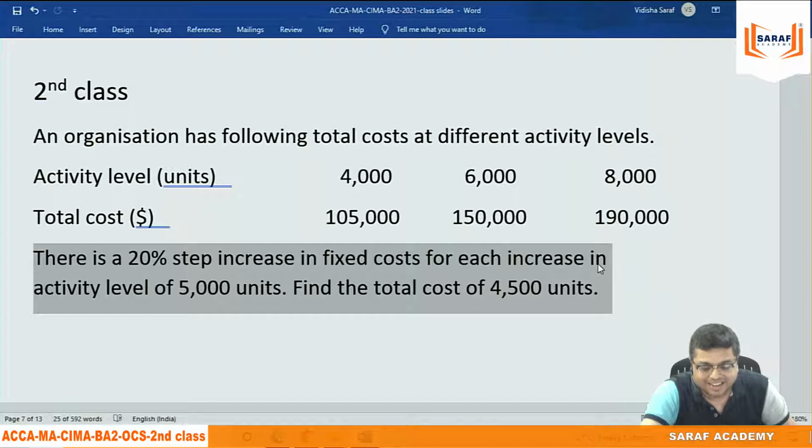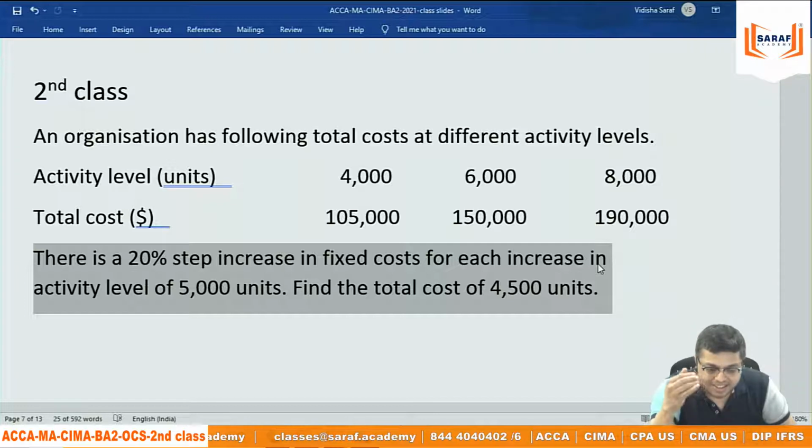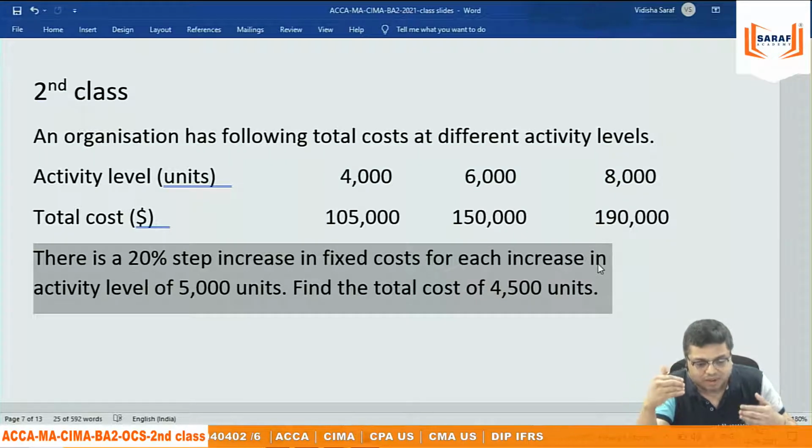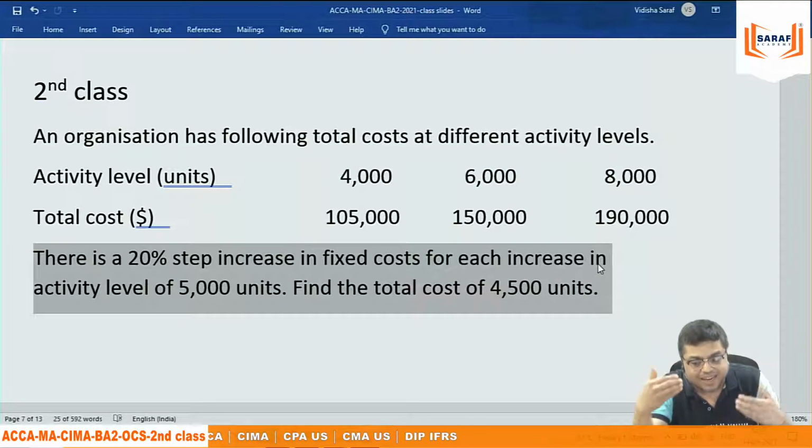Okay. 45,000. 1,05,000 to 1,50,000 is 45,000. So you can see that for additional 2,000 units, 45,000 is the variable cost, because variable cost is that cost which will be increasing.